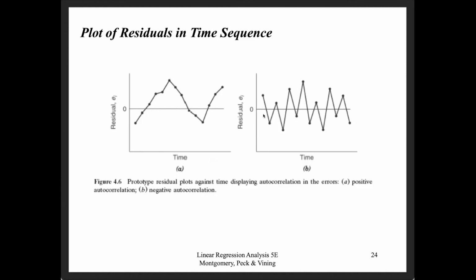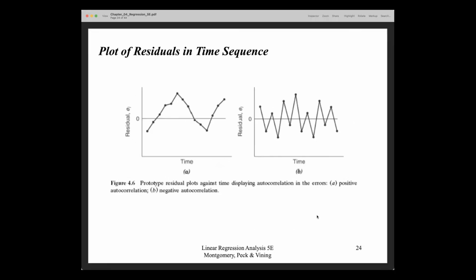On the other hand, when we have a graph that's constantly bouncing back and forth across that 0 line, that would be an indication of negative autocorrelation. Again, that would imply that they're not stochastically independent. And so this is how we can identify lack of independence in the error terms.